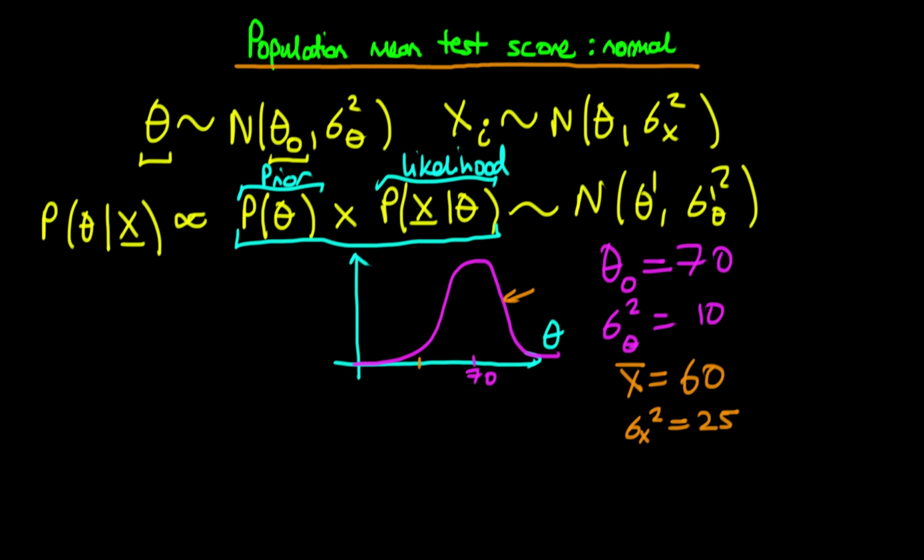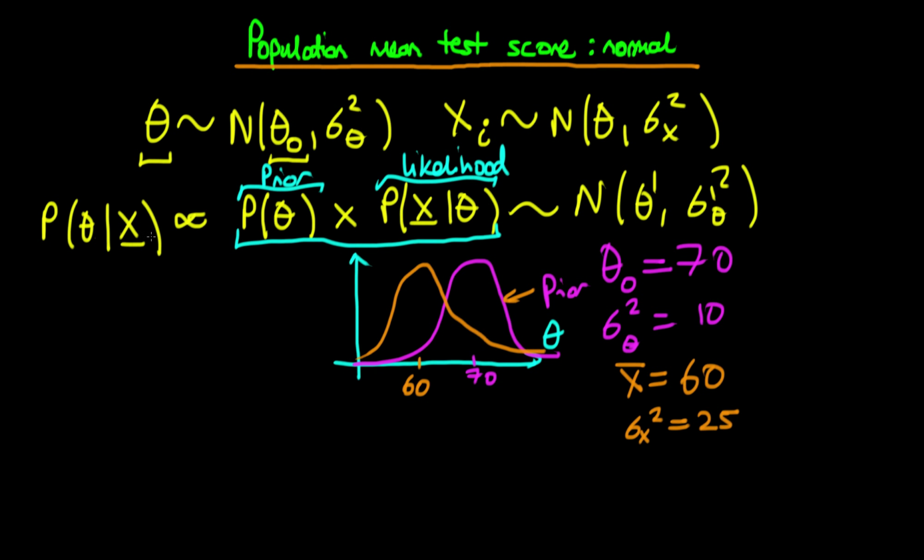So just to be clear, this mauve case here is the prior density, and this, which I'm about to draw in orange, is a likelihood. The prior is itself a proper probability density, whereas the likelihood is not, so it doesn't integrate to 1. So here we've got a mean of 60 and a variance of 25. So it's actually slightly wider than our prior density, which I'm trying to illustrate here, even though it looks a bit asymmetrical, but you get the point.